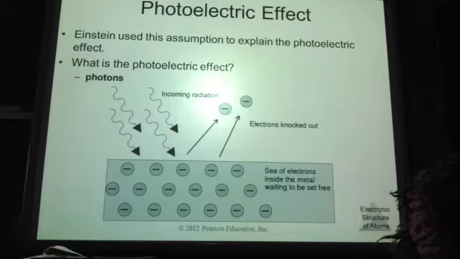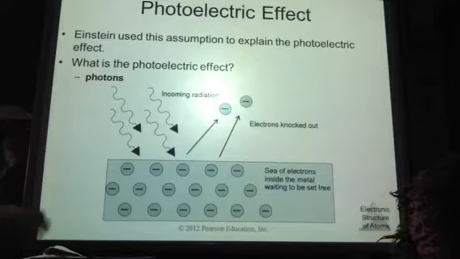Now, the intensity of the light, in terms of what's happening in the photoelectric effect, is related to the number of photons striking the surface in a certain amount of time, not necessarily the energy of each photon.